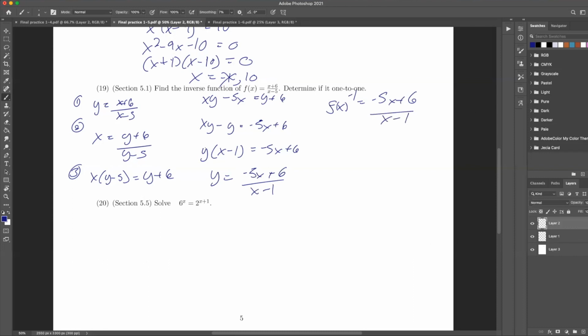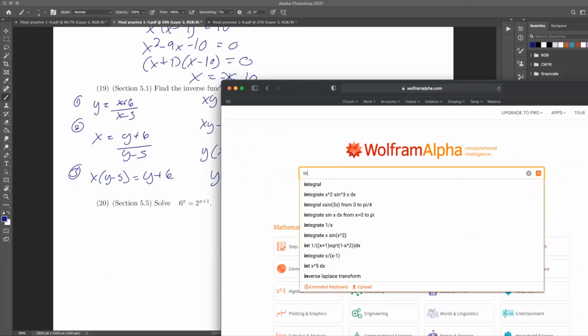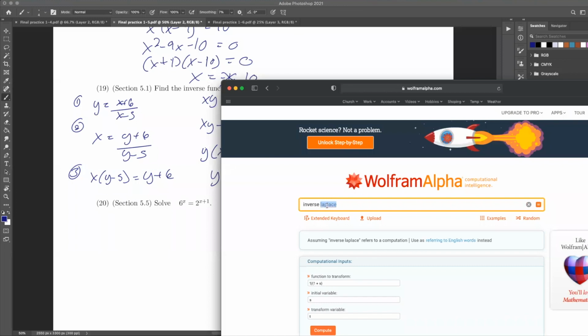All right, and then what we do, we check it. I'm going to check it in Wolfram Alpha. I'll go ahead and leave the page. And so here we just type in the inverse function. No, not inverse Laplace. That's definitely what you guys aren't doing.